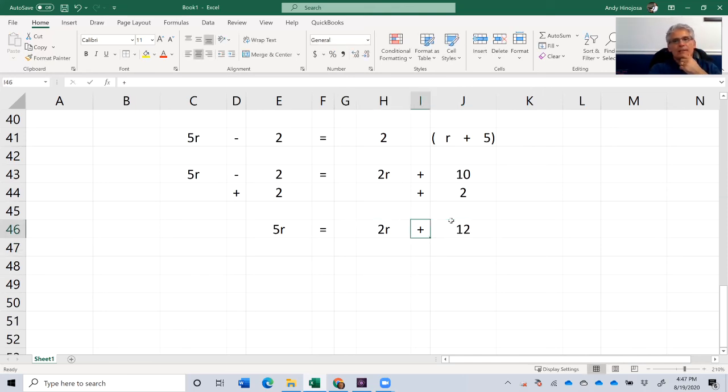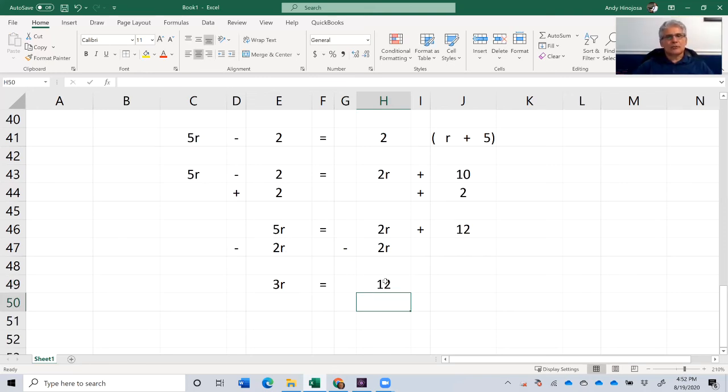Now we can't combine a term with an unknown variable and a term with no unknown variable. So let's see if we can combine like terms, we could subtract 2r. And whatever we do to the right side of the equation, we'll do to the left side of the equation. So after doing this, we're going to end up with 3r on the left side of the equation equals 12.